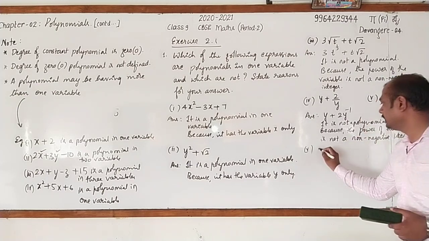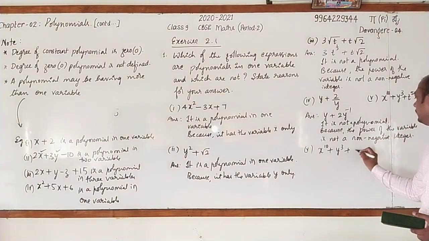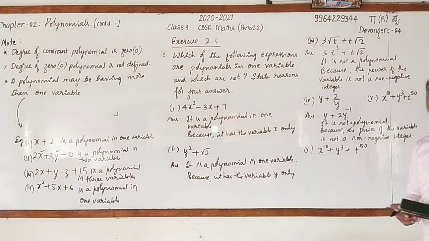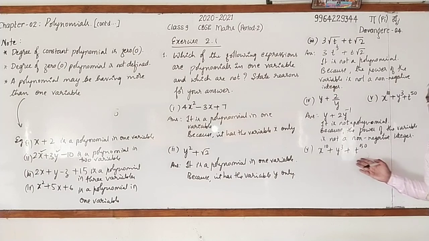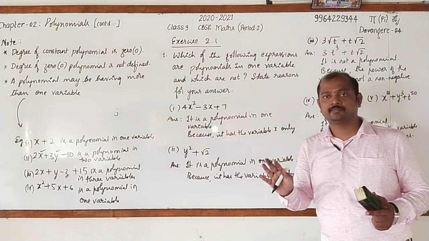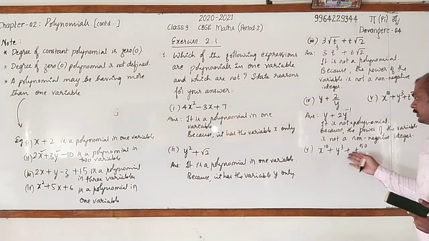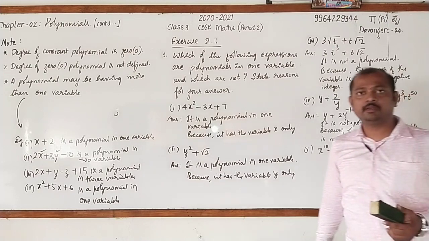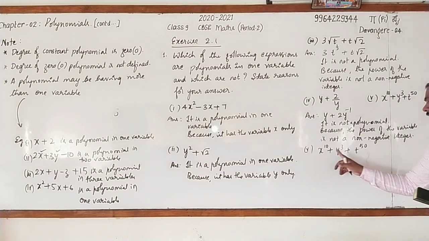Now I'll take the fifth one. Here I have written x raised to the power 10 plus y raised to the power 3 plus t raised to the power 50. First you tell whether it is a polynomial or not. 100% it is a polynomial because the powers are positive integers. Got it? Our powers are whole numbers. Therefore, it is a polynomial. Is it in one variable? No, because it has three variables, x, y and t.